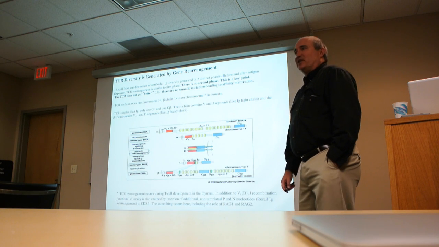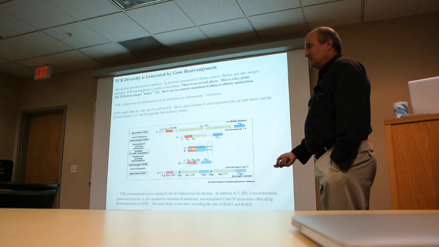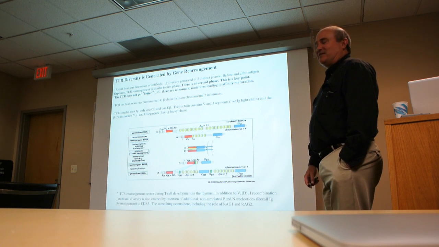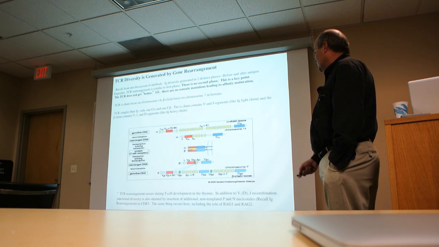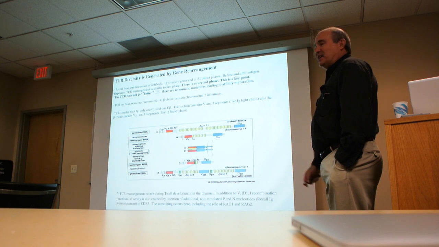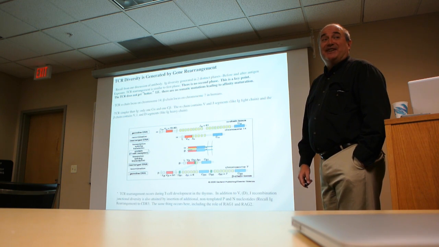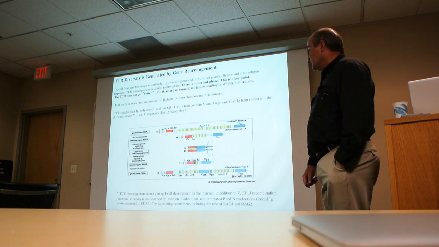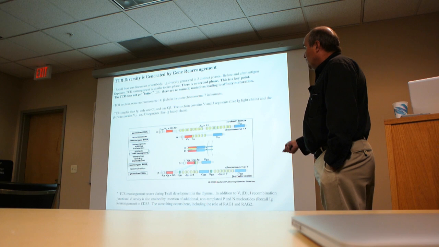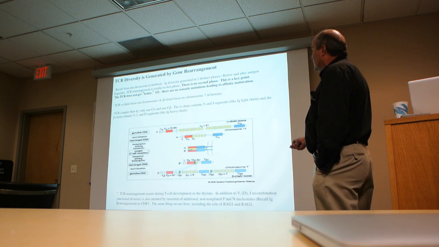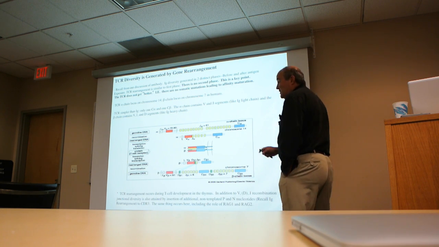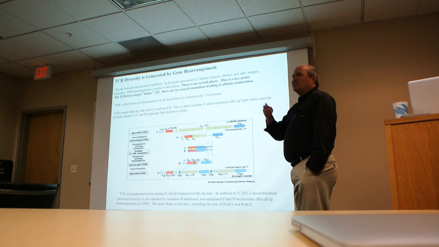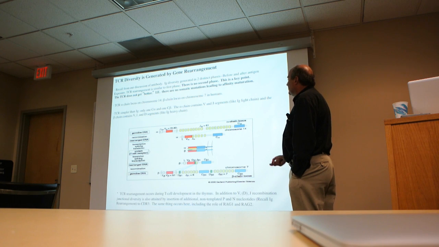And again, as I try to simplify this, not to go on and on about recombination, I just have these bullets to make sure that you remember. The diversity that's impacted by the addition of P and N nucleotides occurs in this setting as well. So we're having these recombination events occurring in our alpha and our beta. They occur sequentially, and I'll spend more time talking about the sequence when we talk about T cell development.